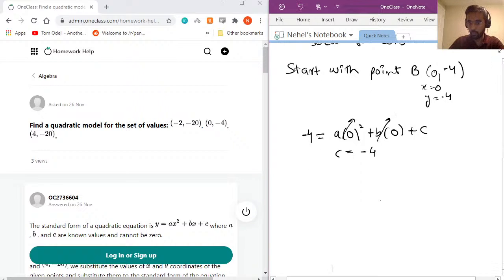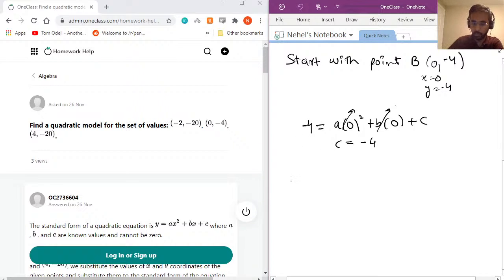Now that we've solved for one value, we can plug in the other two and get two equations to solve for a and b. So now we will plug in point A, which is negative 2, negative 20, which means the x value for this is negative 2, y value for this is negative 20.